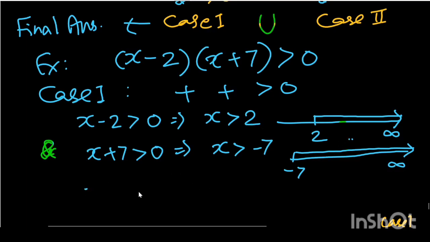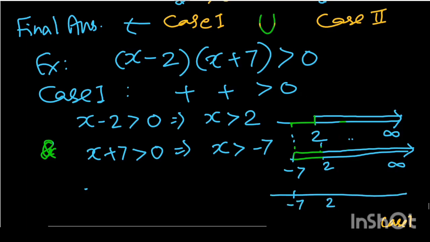In order to find and, as you can see, we drop the perpendicular from minus 7 to 2. In the first inequality there is nothing, however in the second inequality there is something, so the end result would be nothing. From minus 7 to 2 there won't be any answer.